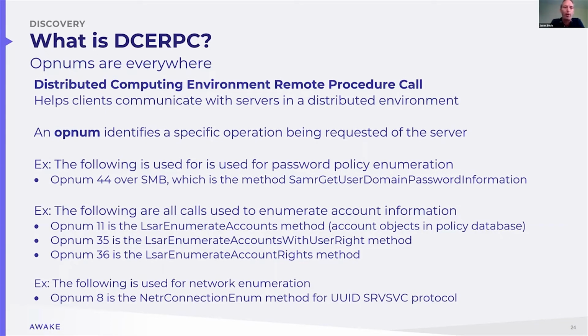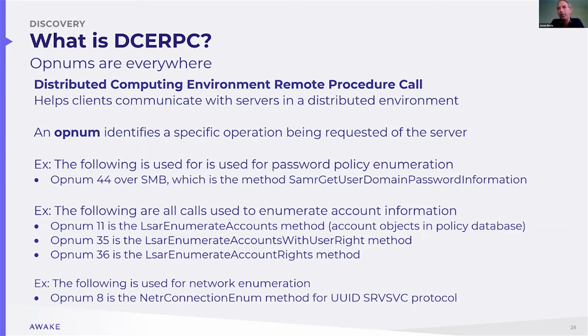These are remote procedure calls. They use certain operation numbers, and operation numbers all have certain mechanisms that give you responses back in Windows environments when somebody's doing something. So, for example, we mentioned here, Opnum 44 is when you're looking at the SAMR RPC call, for those who don't know, this is one that looks for getting the domain password information.